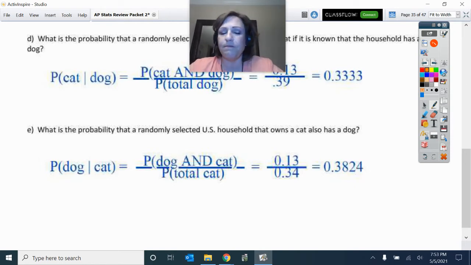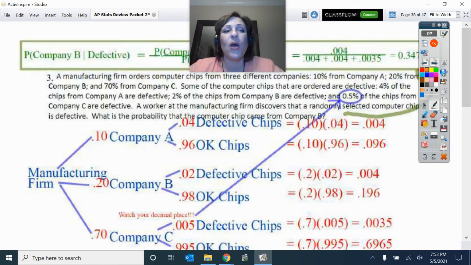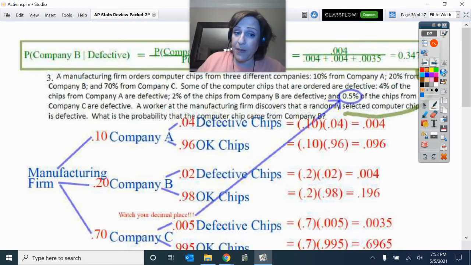All right, moving on. Next, here we have a big old tree diagram. The reason that I knew that it was a big old tree diagram is because I read multiple conditional probabilities. If the computer chip is from company A, then it's this defective rate. If the computer chip is from company B, then it is this defective rate.